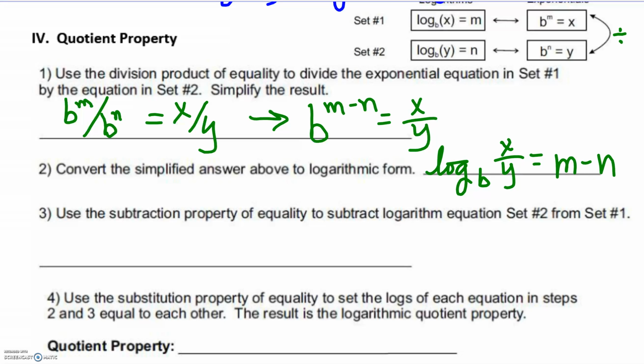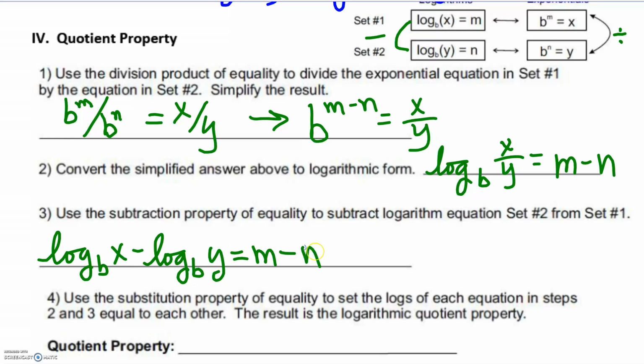Now, we're going to go back up here to these two log equations and we're going to subtract those. Log base b of x minus log base b of y equals m minus n. And then, since both of these are equal to m minus n, they'll be equal to one another.